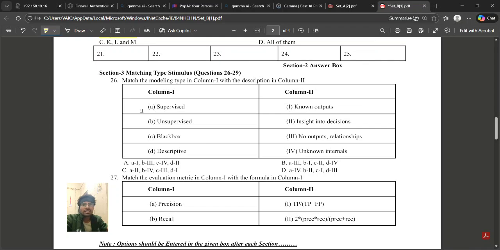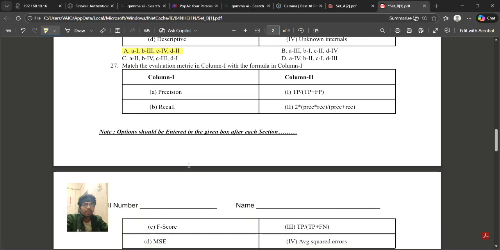Black box C has unknown internals, so you can't see how they work, so that's 4. And the last is descriptive modeling D, which provides insight into the decision, that's 2. So our answer is A.